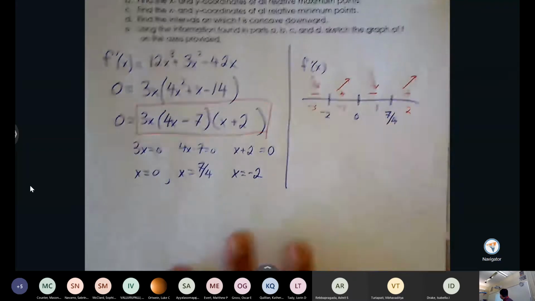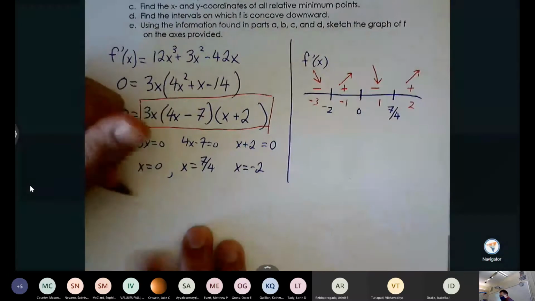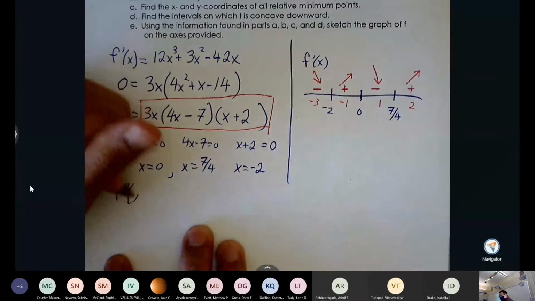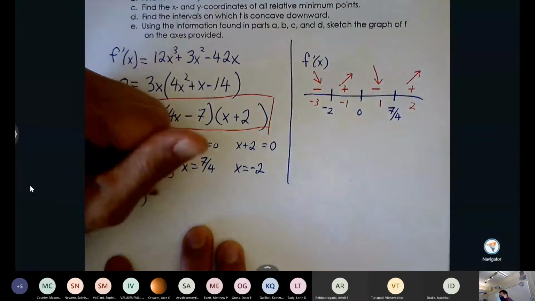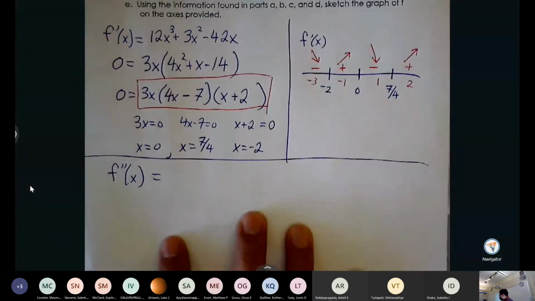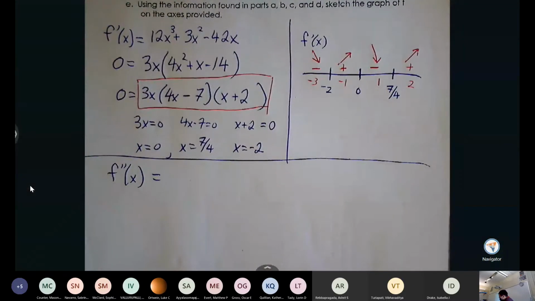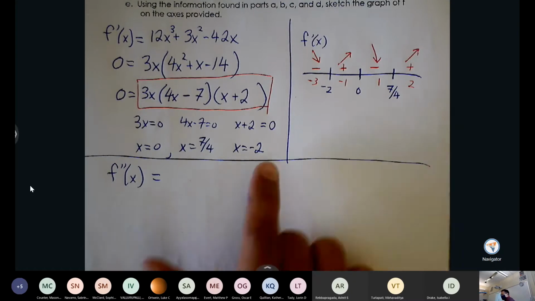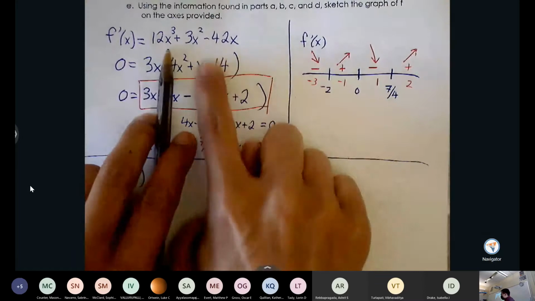Okay, we'll come back to this. Let's do the second derivative sine line. Go through power rule again.